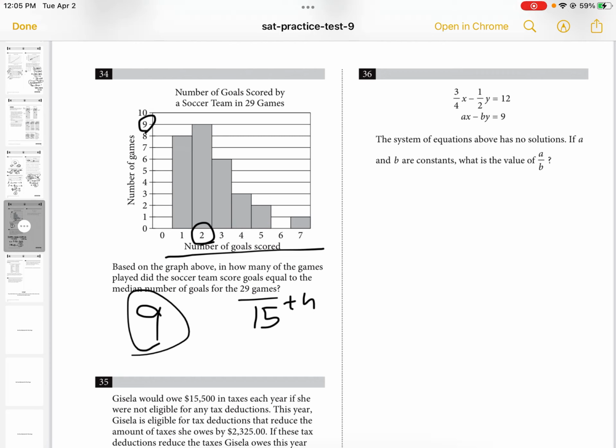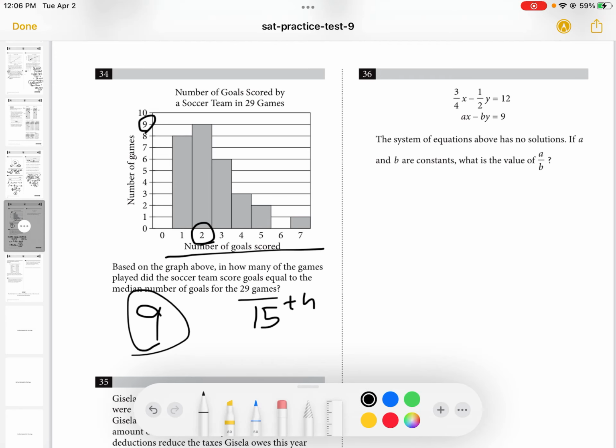3/4 x minus 1/2 y is equal to 12. ax minus by equals 9. The system of equations above has no solution. If a and b are constants, what is the value of a over b?